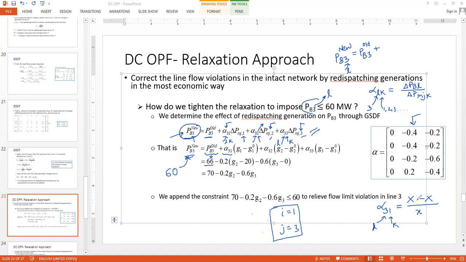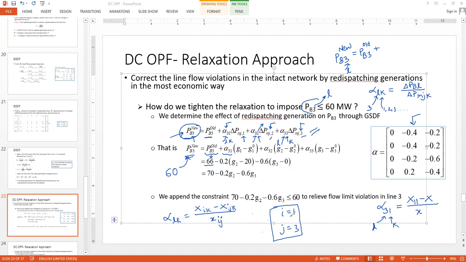So this is xik, where I is 1, so x11 minus xjk. Let me write it. Alpha lk is xik minus xjk, both of these x are capital, divided by small xij. Small xij is the line parameter.